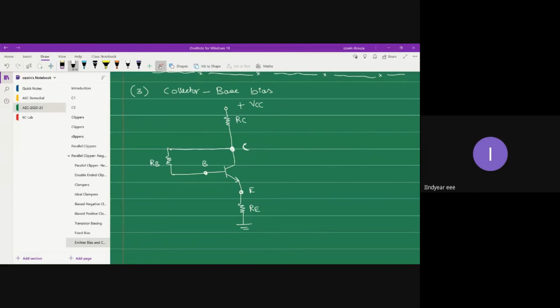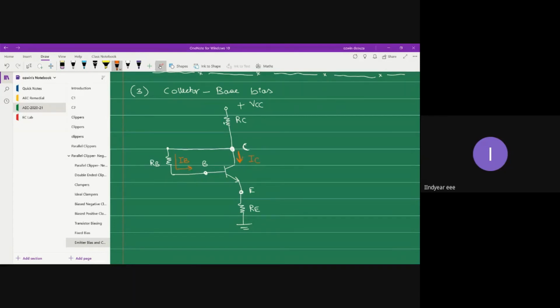Here, the other end of RB is connected to the collector terminal directly. By doing that, you can slightly alter the current flow. Through RB, base current flows, and into the collector terminal the collector current IC flows.